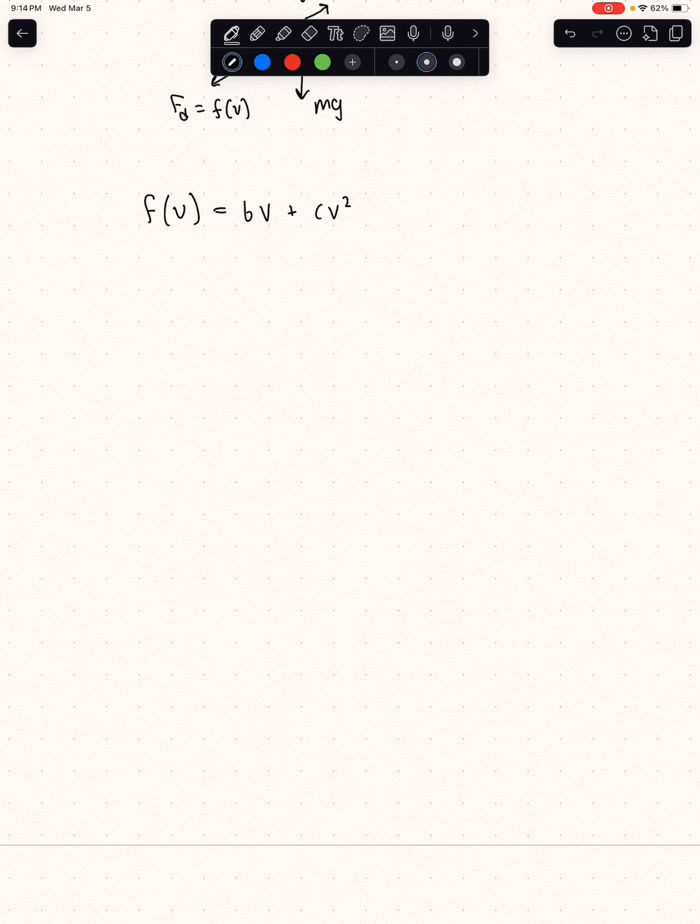Anyways, this linear term, BV, I'll say F linear equals BV, and this is such that this constant B is equal to beta times D. D is going to be the diameter of the object, and beta is a constant that is just dependent on the medium that the object is traveling through.